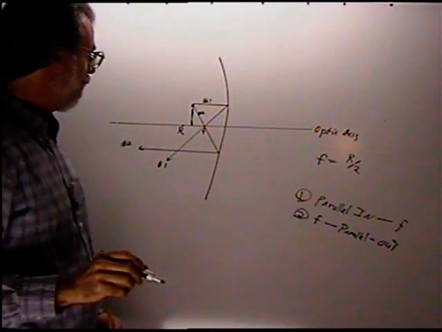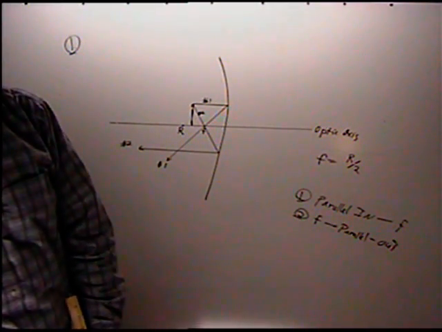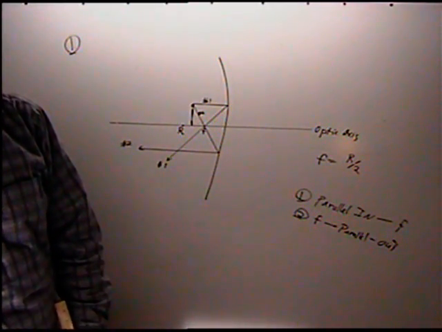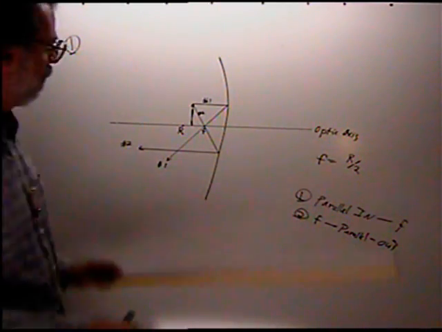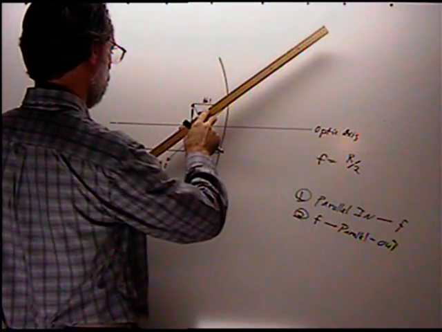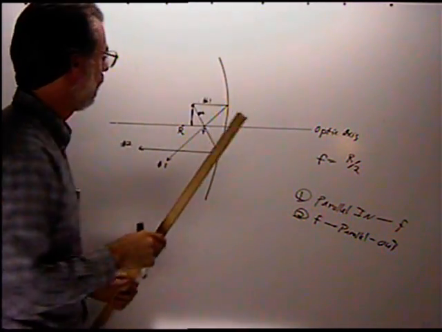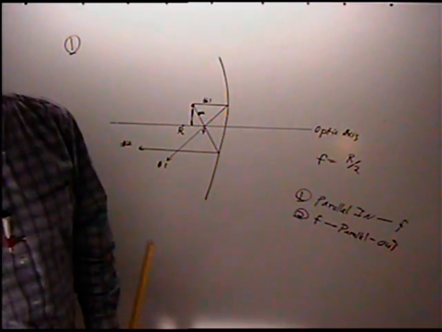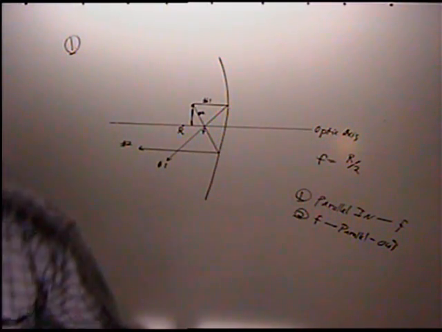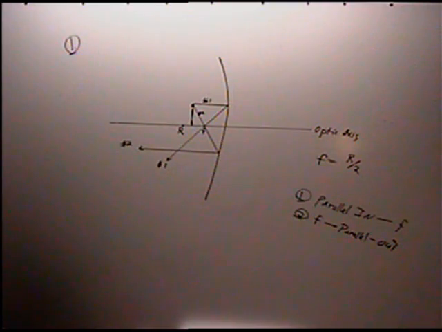Now the third one is through the radius. So how do we get to the radius? Hang on for a second.